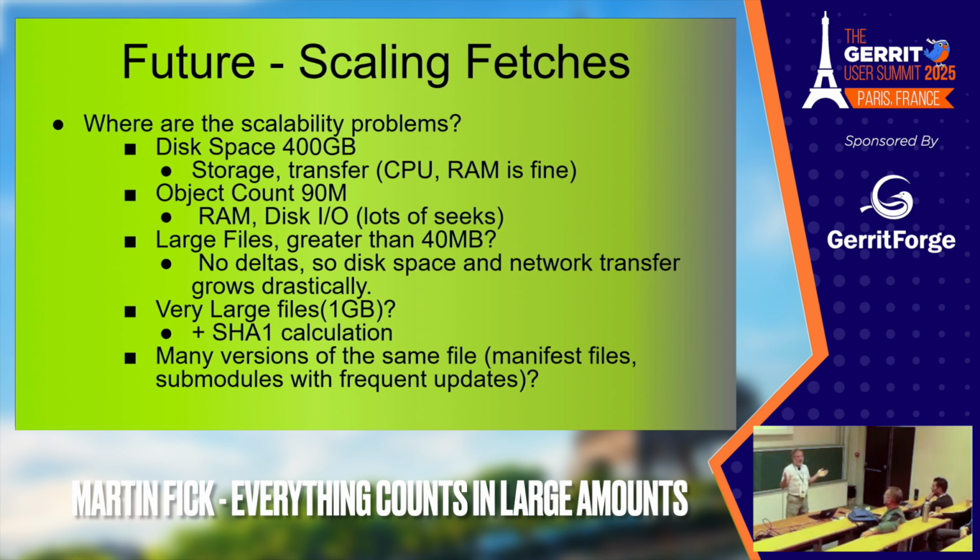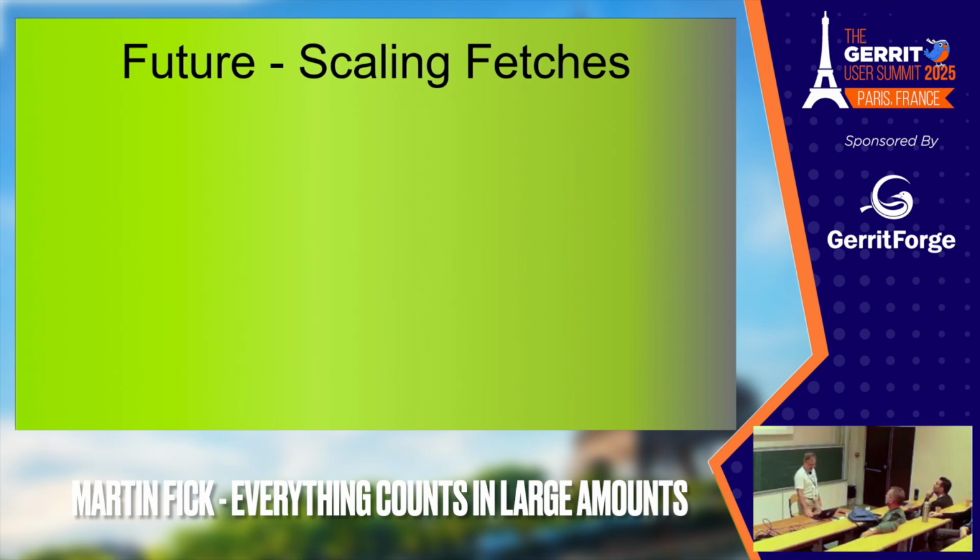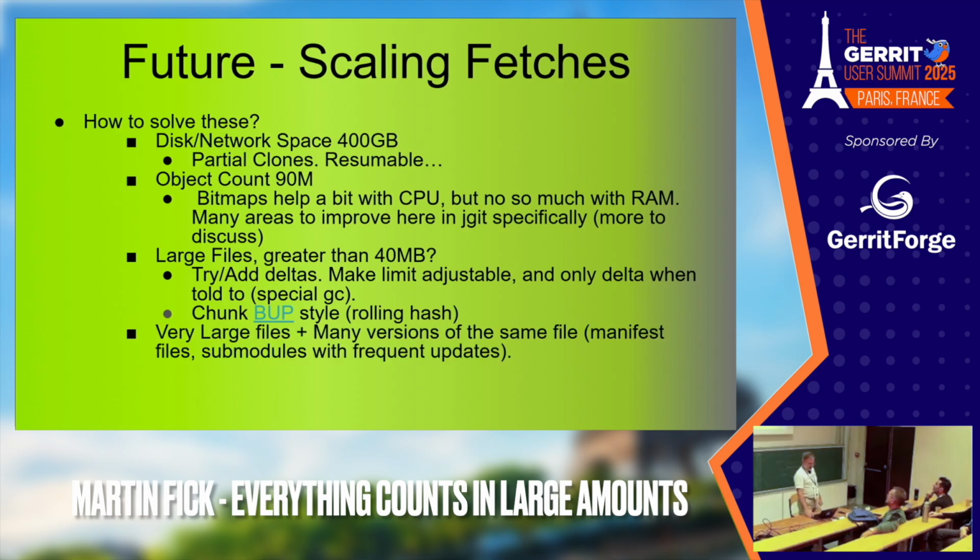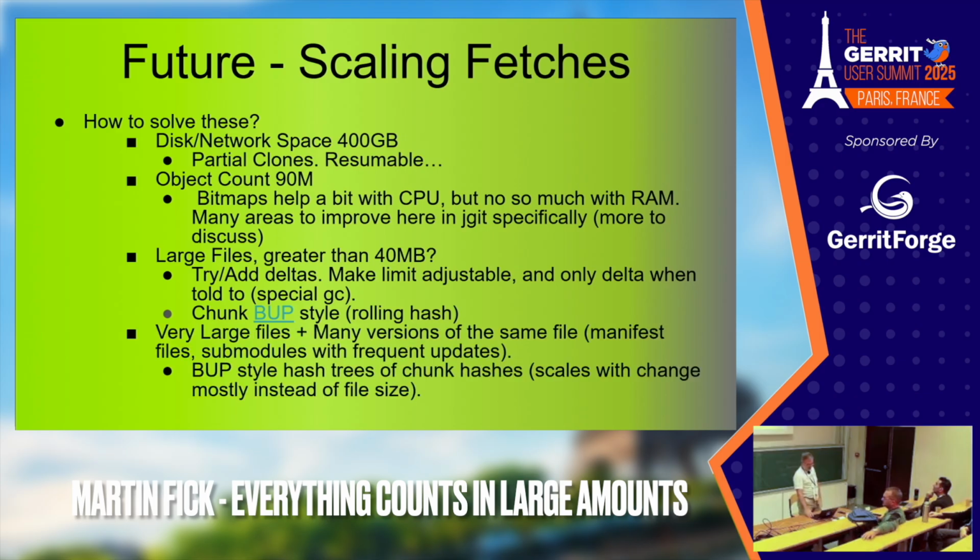Your SHA-1 calculations are high on that too. So the SHA-1 calculation is a problem not just for large files, is what I'm saying. It would be great to solve that and get some form of rolling hash. So those are some of the things I talked about here, some of the solutions. I advise you to look into BUP for chunk hashing and find out all the other things that BUP had to solve there.